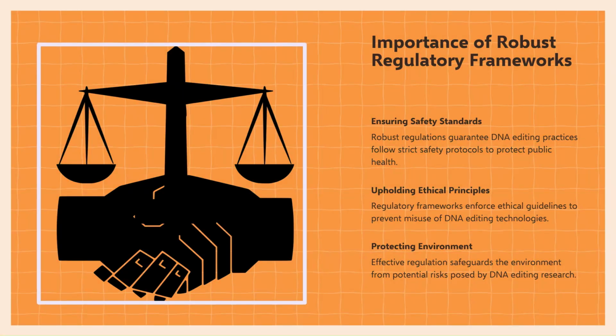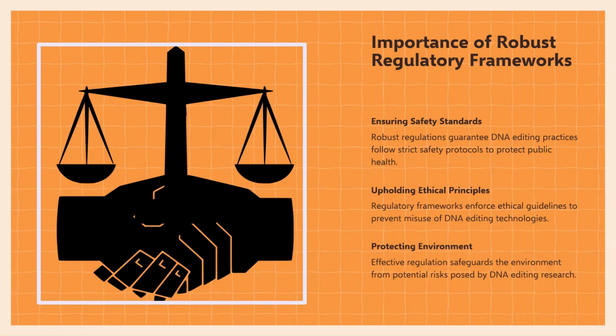Importance of regulations. Effective regulation ensures that DNA editing research and applications adhere to safety standards and ethical principles, protecting public health and the environment. As of today, there is no legislation in the US limiting the type of work of DNA editing, though germline DNA editing is illegal in the US.